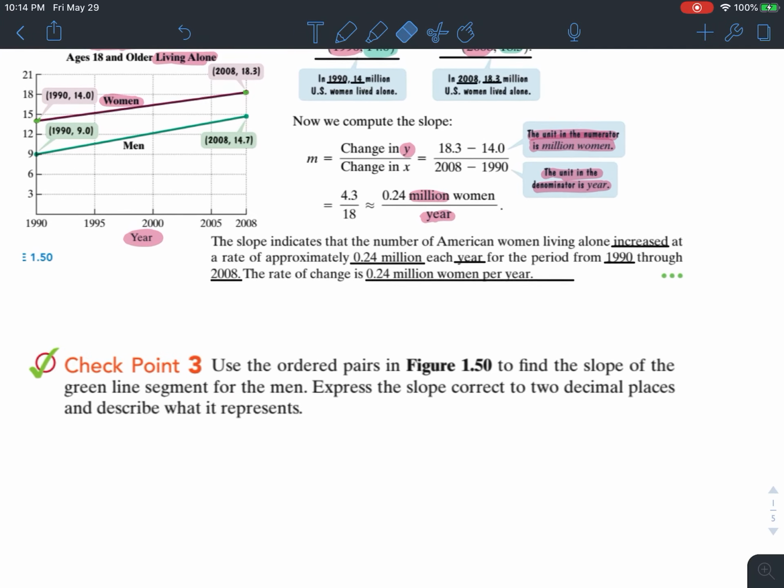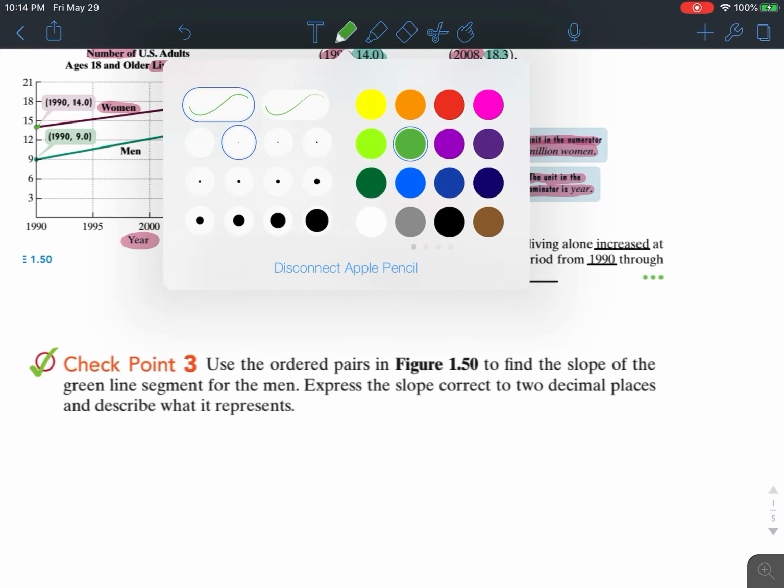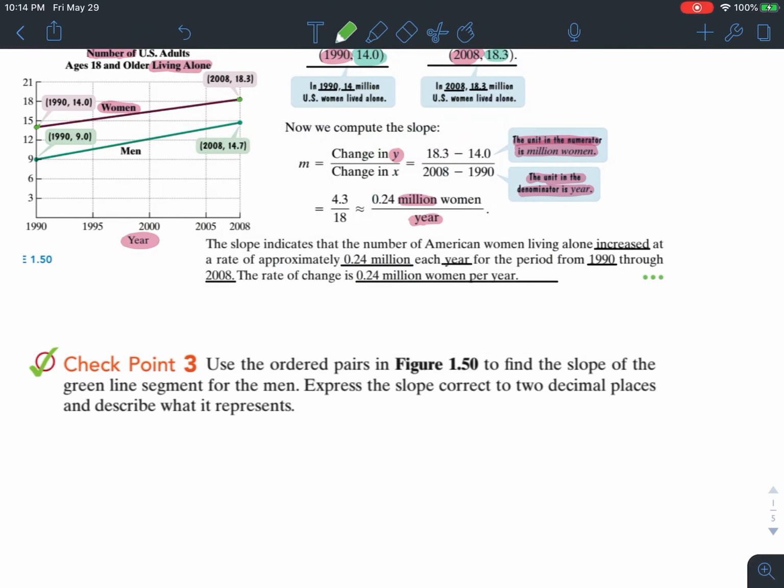So we're going to use this same graph, and we're going to calculate the slope, the rate of change for the men. So first what we want to do is pick out 2 points. So for the men, we have this first point here.